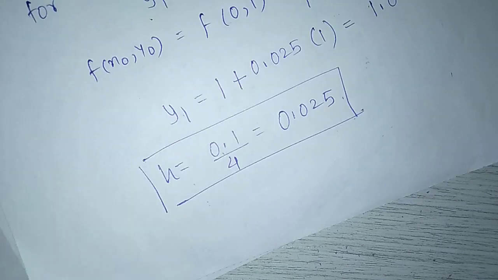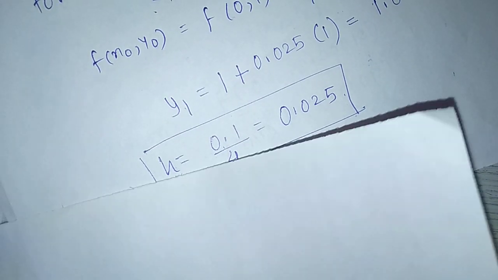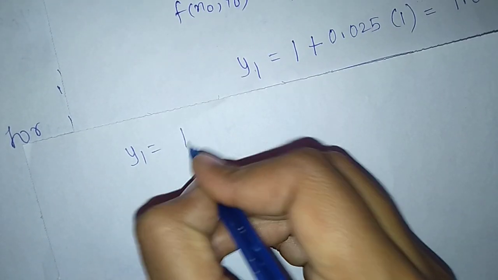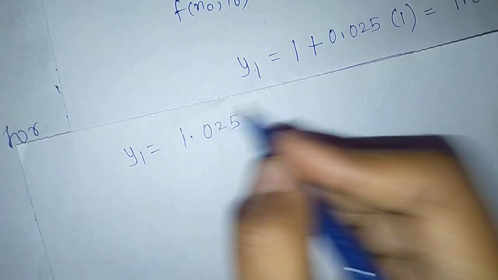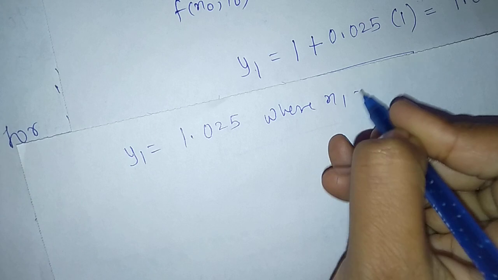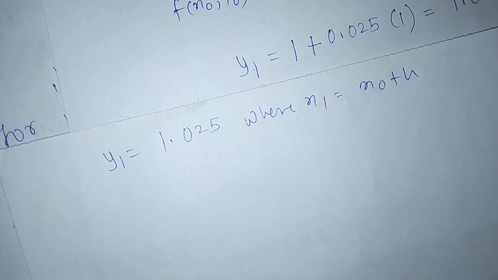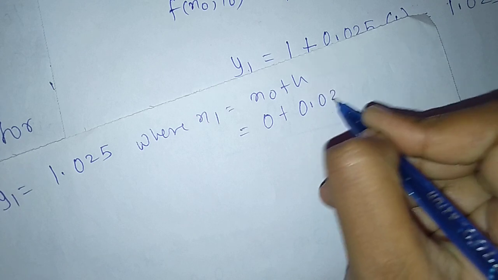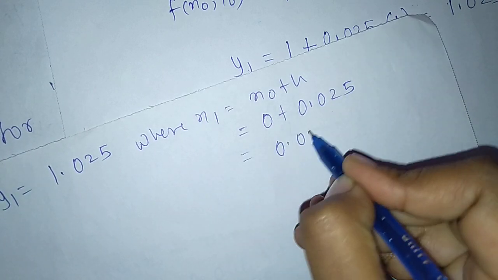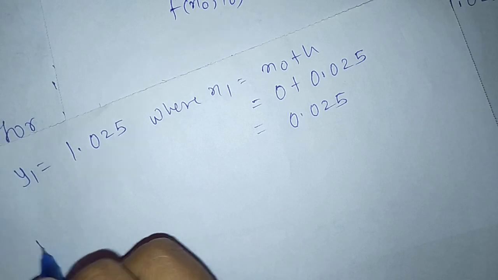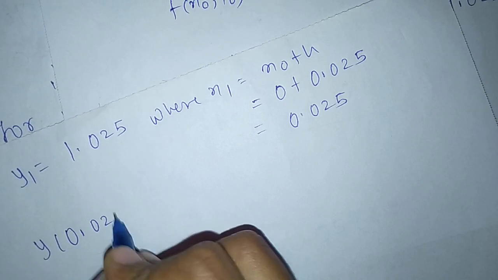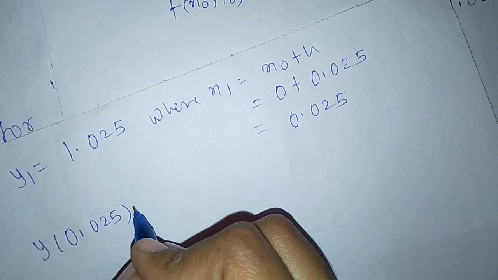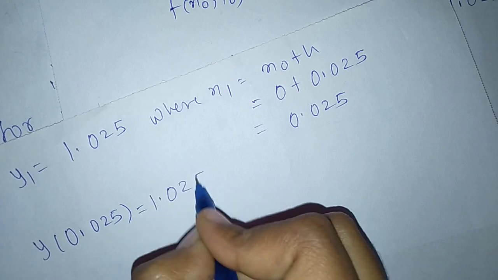Now to calculate y2, y1 equal to 1.025, where x1 equal to x naught plus h, which is 0 plus 0.025 equal to 0.025. So y of 0.025 is 1.025.